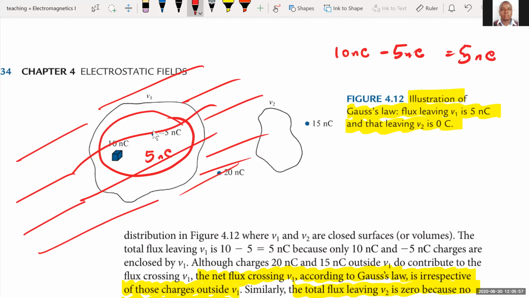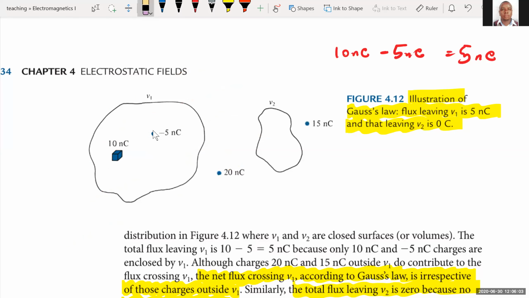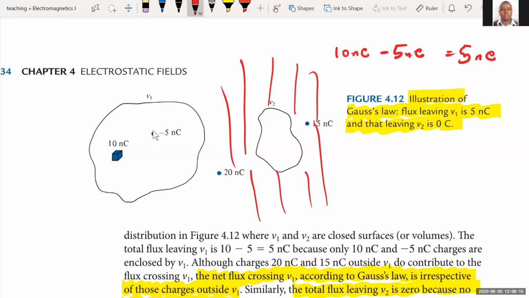On the other hand, if and only if there is no charge, assume now my flux is going up, if there is 0 coulombs inside that, then there will be no flux that will pass through there. Assume it's like a stone that is blocking the light.